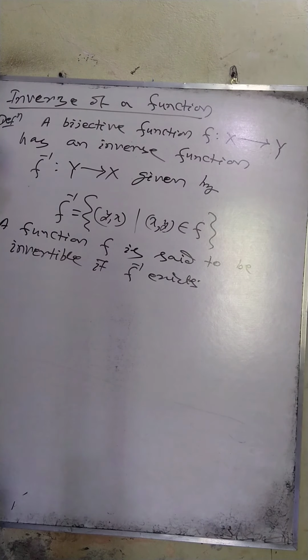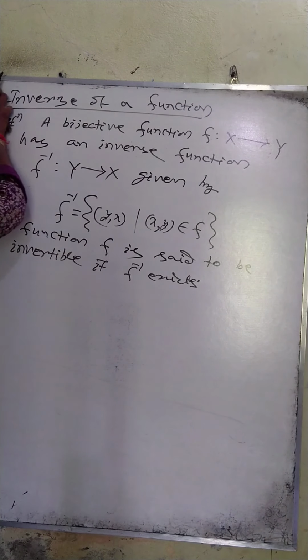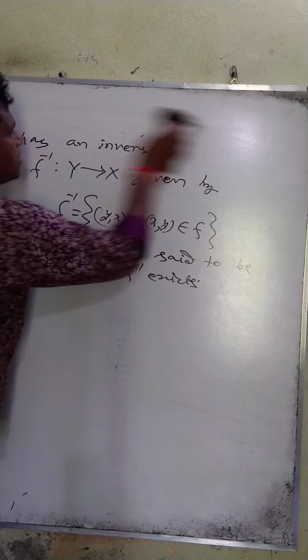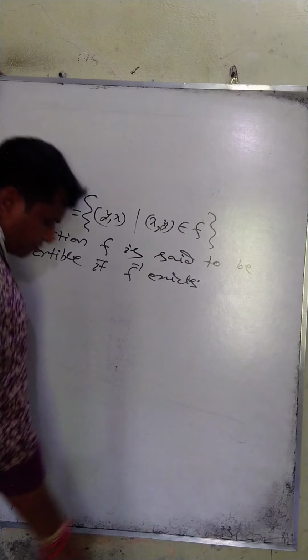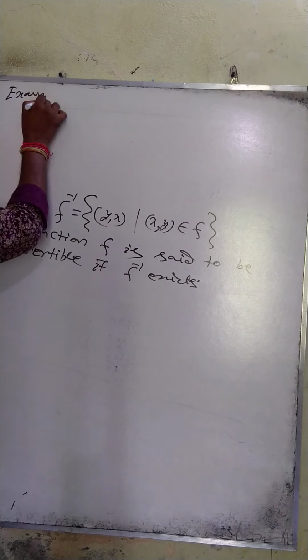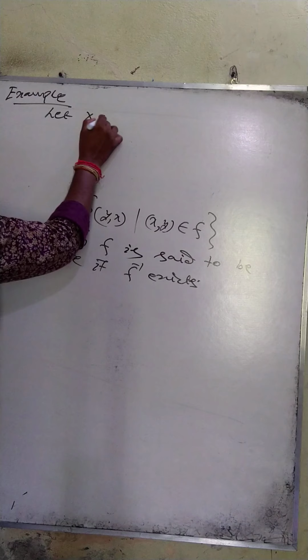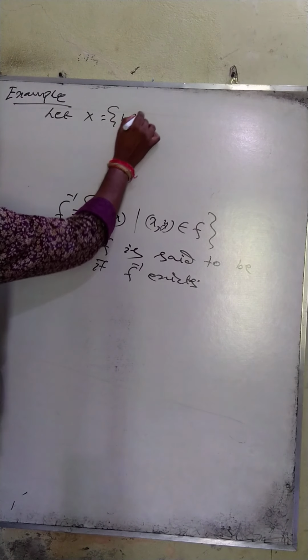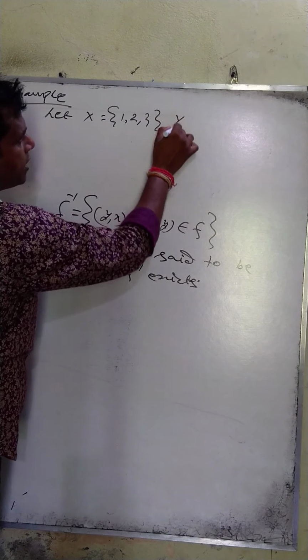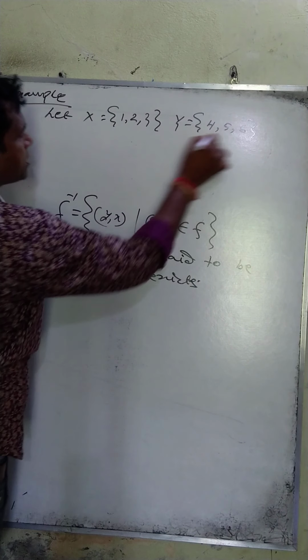For example, let X is equal to {1, 2, 3}, Y is equal to {4, 5, 6}.